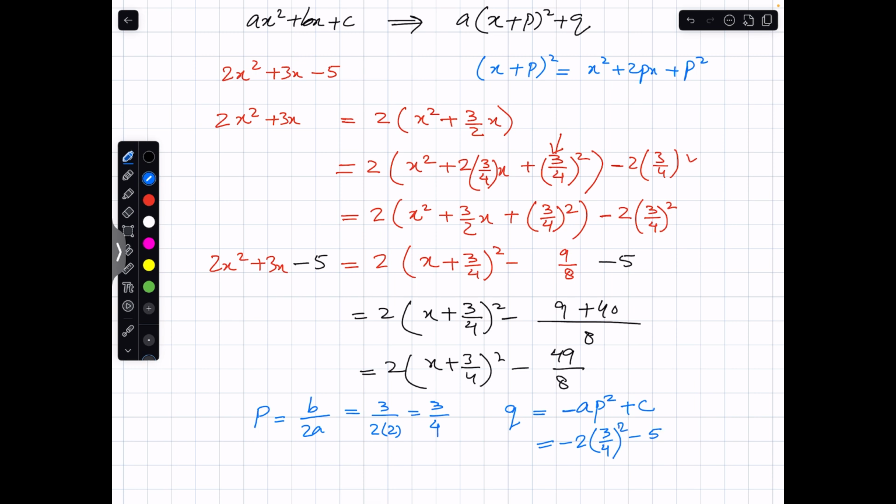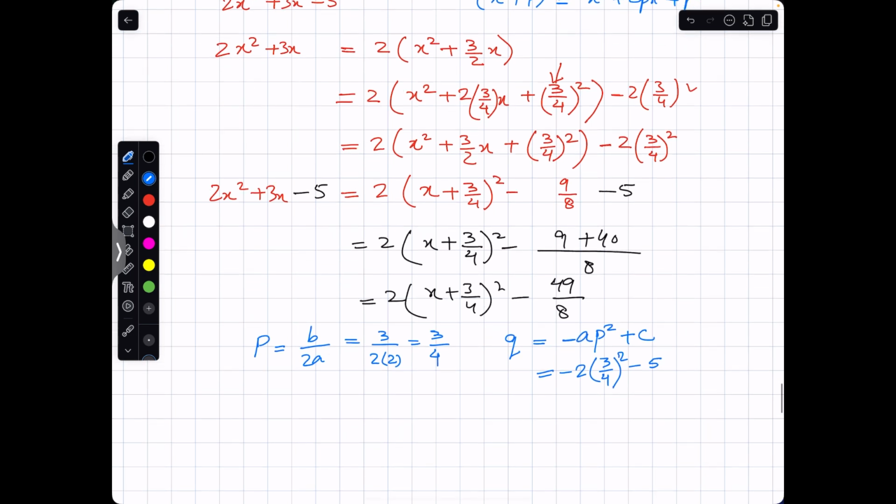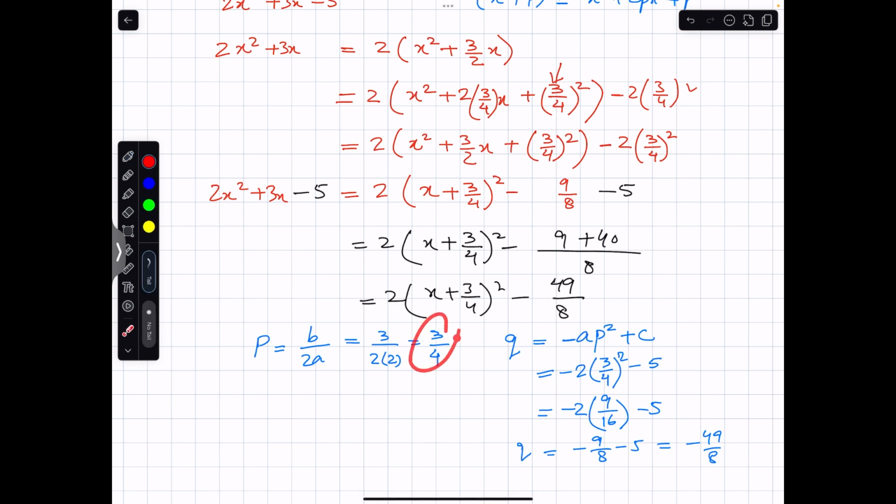So minus 2 p squared minus 5 is equal to minus 2 times 9 divided by 16 minus 5. This is minus 9 divided by 8 minus 5, and this will give us minus 49 divided by 8. So this is the q. Now the p term is 3 divided by 4 and the q term is minus 49 divided by 8.